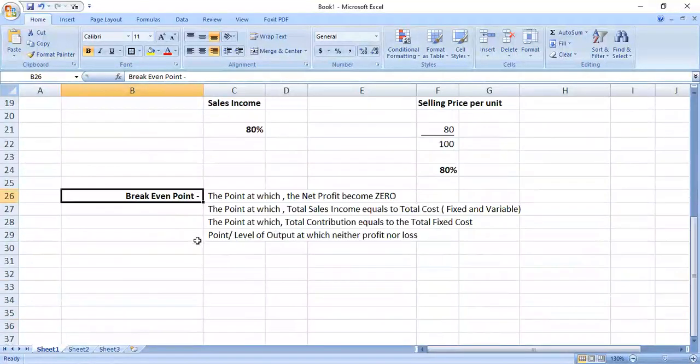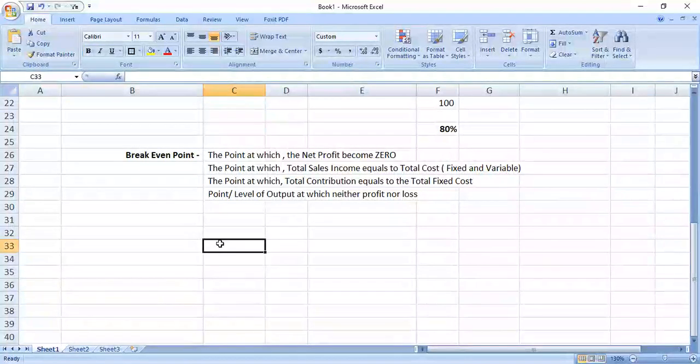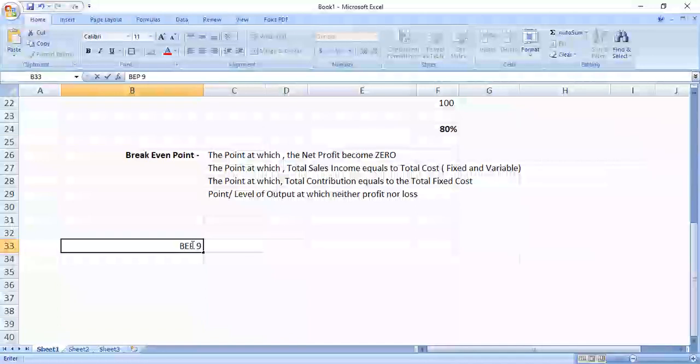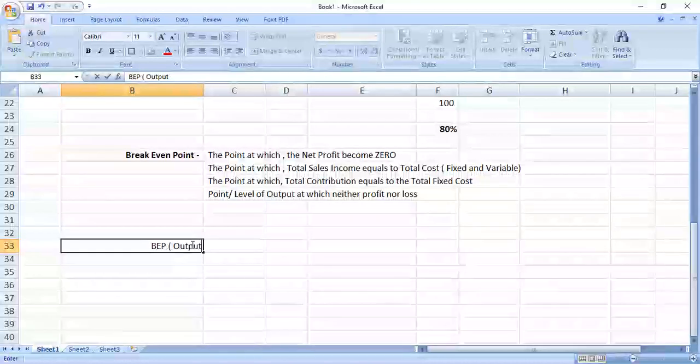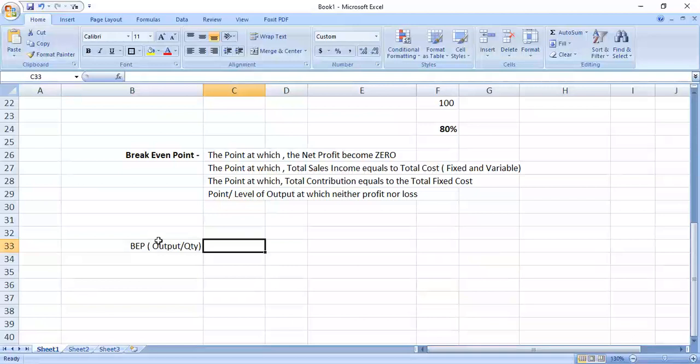Guys, did you understand this break even point concept? Yes, sir. So they will ask to calculate the break even point output. At what level, at what quantity of output is your break even point?